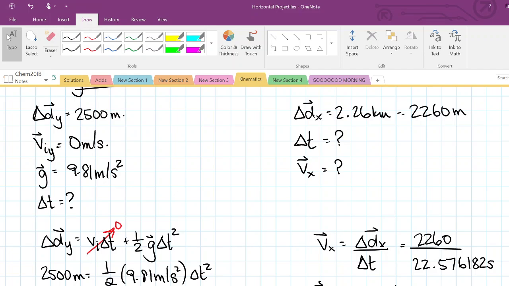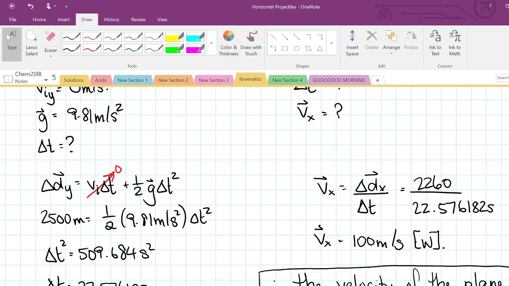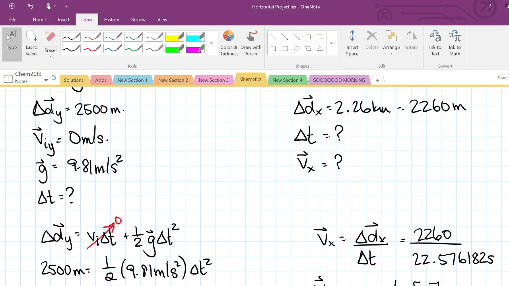Now in the x component direction, I know this time. This time is equal to 22.576182 seconds. So now I've got my two variables and I can solve for the unknown. This one is easy, there's no rearranging. I plug in my displacement, and I didn't put my units, so let me add that here.